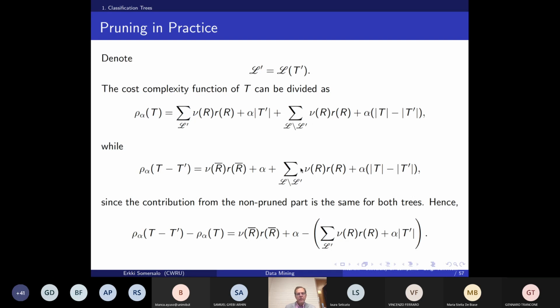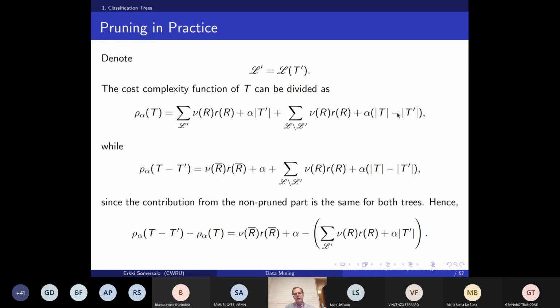Now if you compare these 2 numbers, they are organized in such a way that it's easy to see what the difference is. If I take the difference between the cost complexity function of the new tree and the old tree, I see that the leaves that are common in both, and their contribution to the misclassification, cancel.